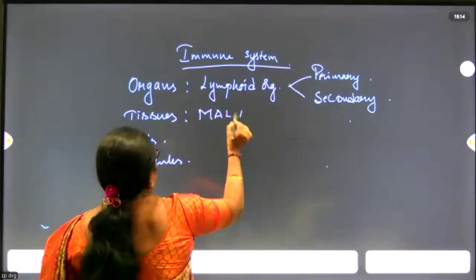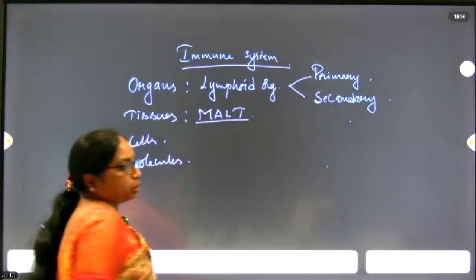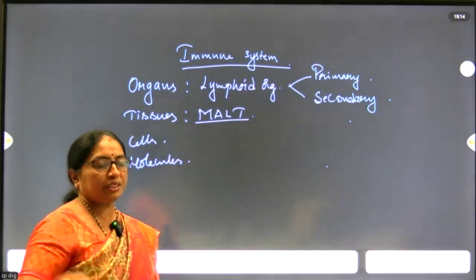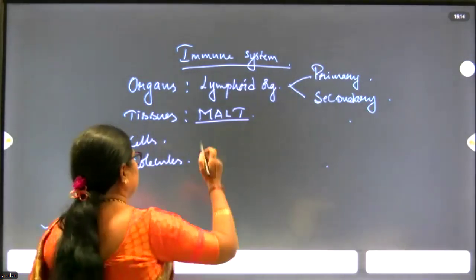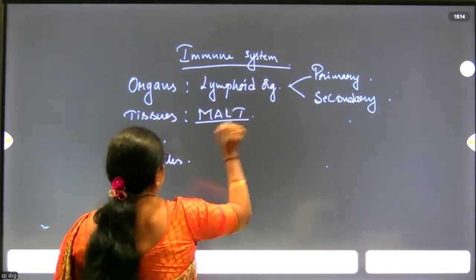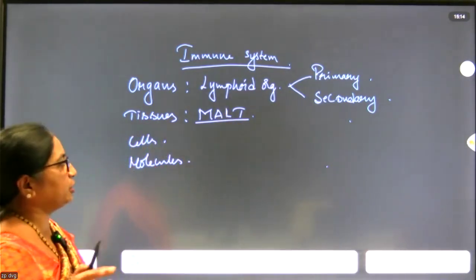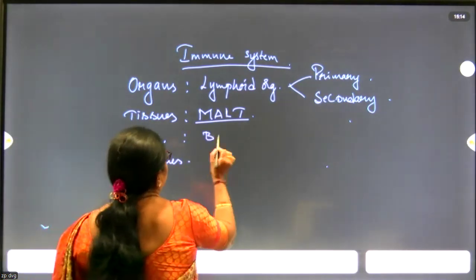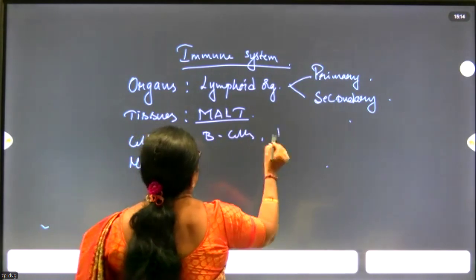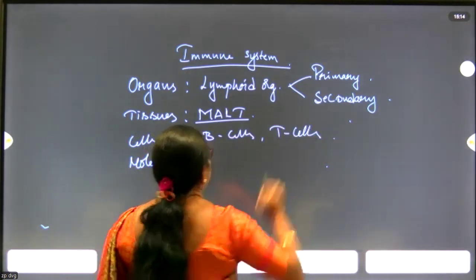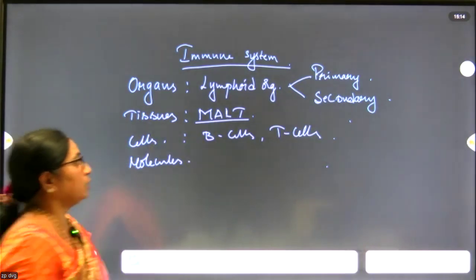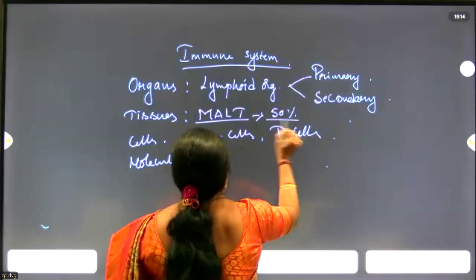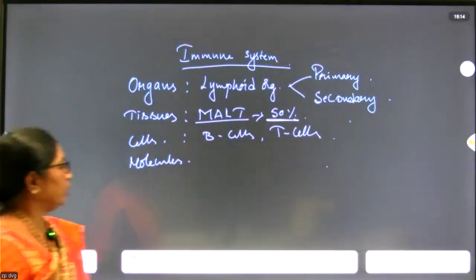MALT is mucosa associated lymphoid tissue, which is present in the digestive tract, the respiratory tract, and also the reproductive tract. Cells, we have B cells and T cells, also referred to as B lymphocytes and T lymphocytes. MALT nearly comprises 50% of the lymphoid tissue in our body, right?